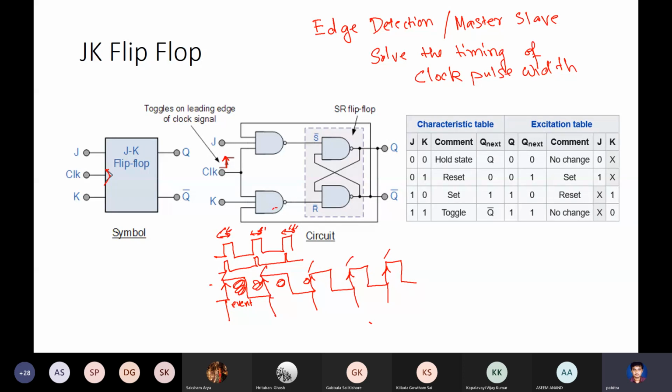And the output also will be transitioned only at this, subject again to the delay of the gates. That much delay of a single gate is not much. Only at these points the output will change. If you look at the output, the change, whatever it is, will be only here. It may stay constant depending on the logic, but the change is only here.